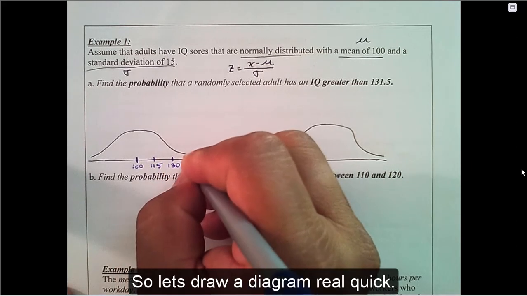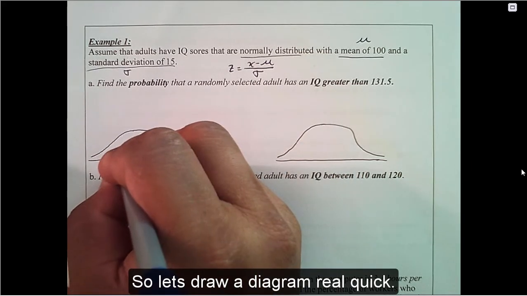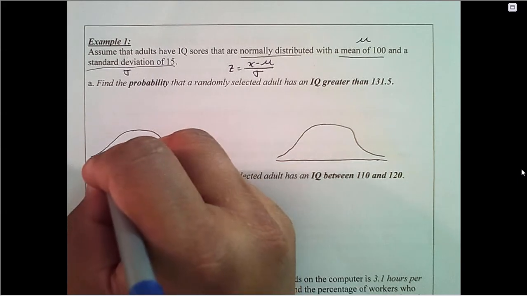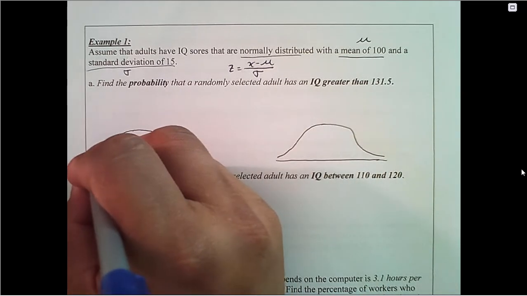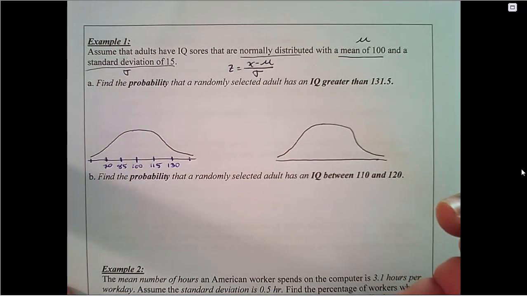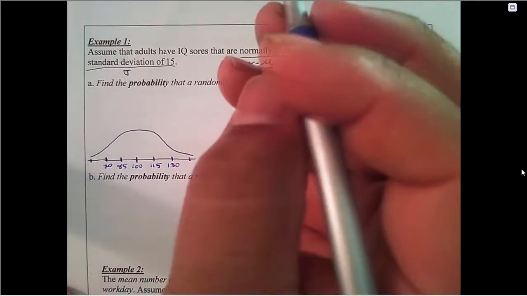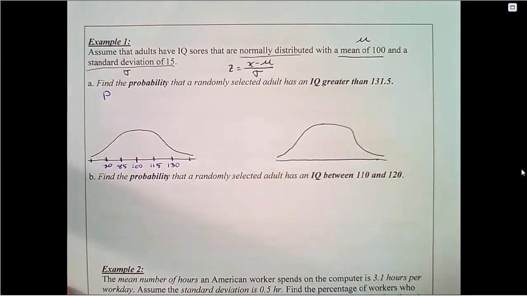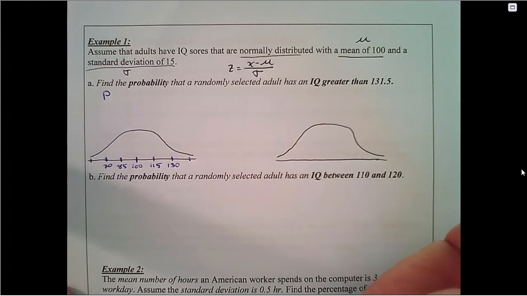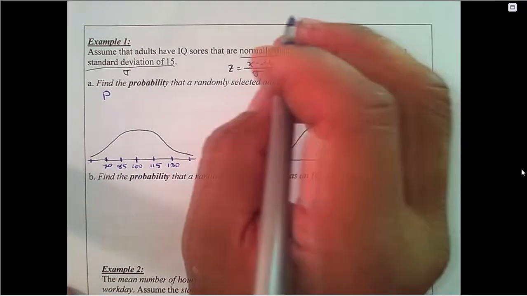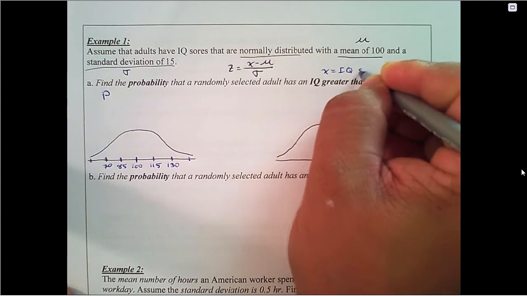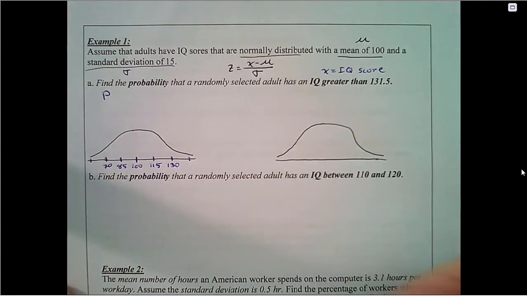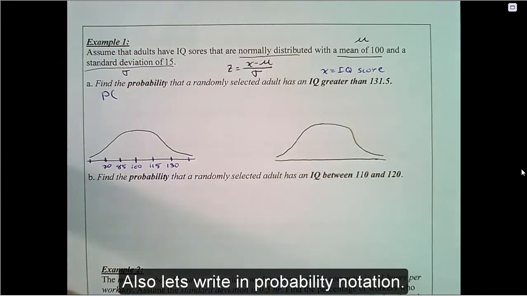So let's draw a diagram real quick. Also, let's write in probability notation.